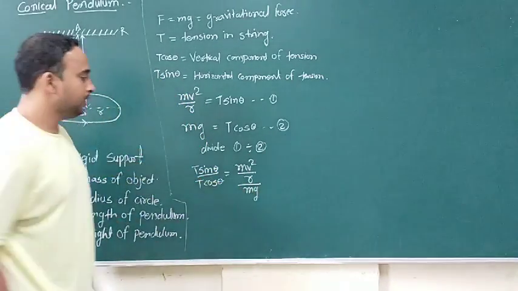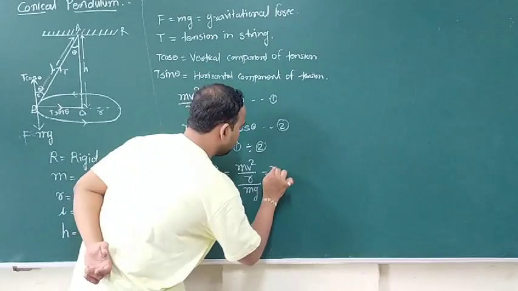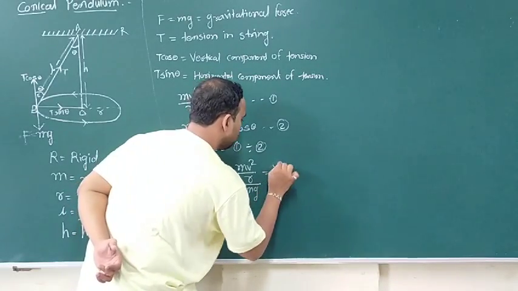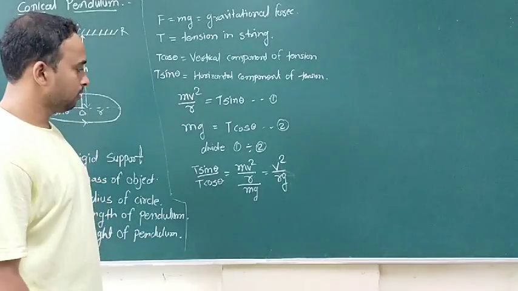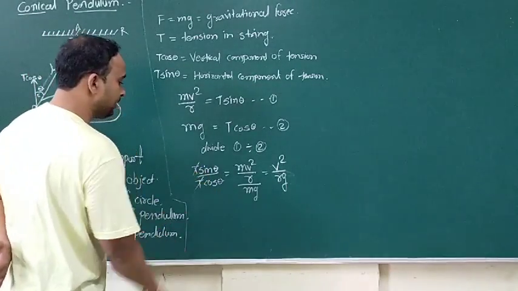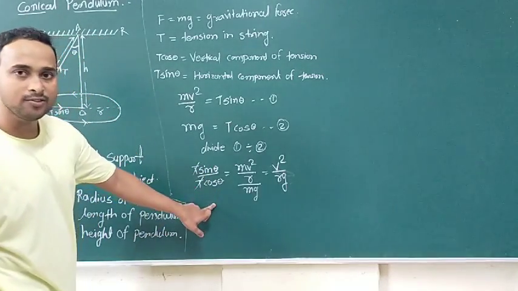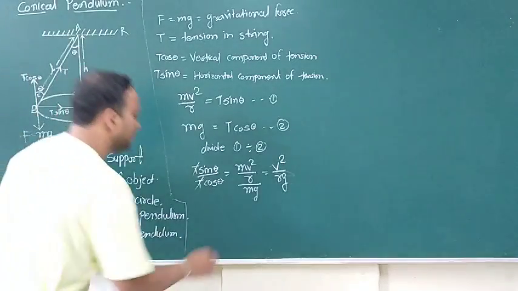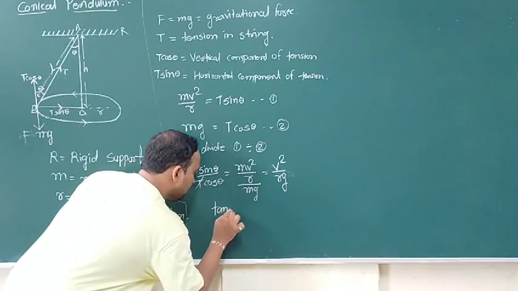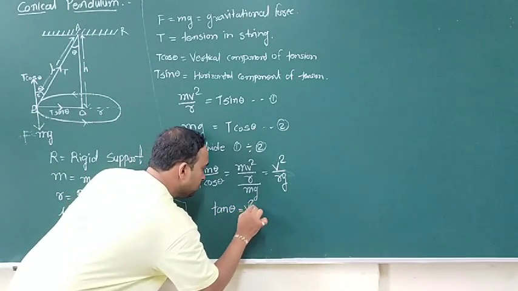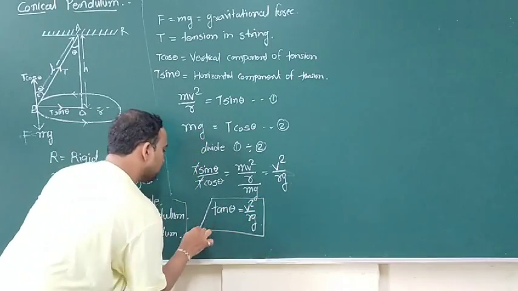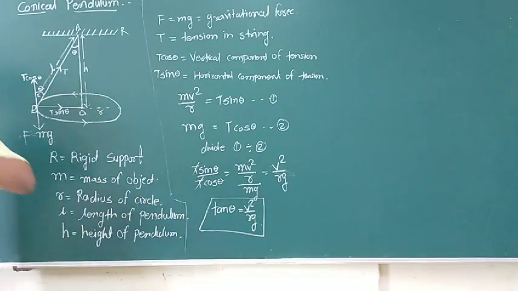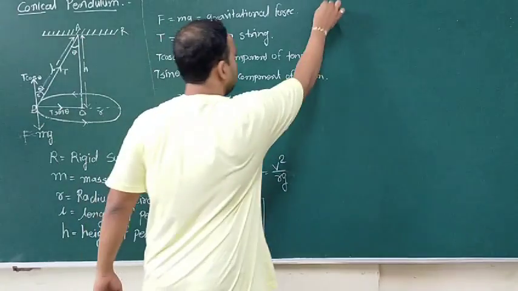So m gets cancelled, and we get v square upon rg. T gets cancelled. Sin theta upon cos theta is tan theta. So tan theta is equal to v square upon rg.